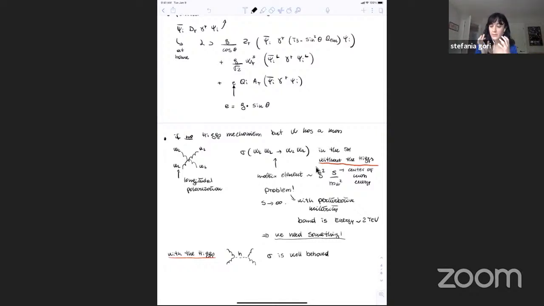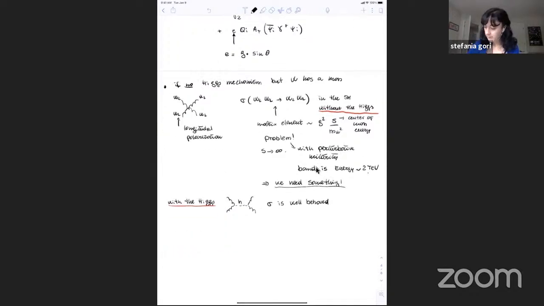So this was really a very, very strong argument to believe that the LHC, before it started running, had to discover something that was unitarizing this WW scattering.